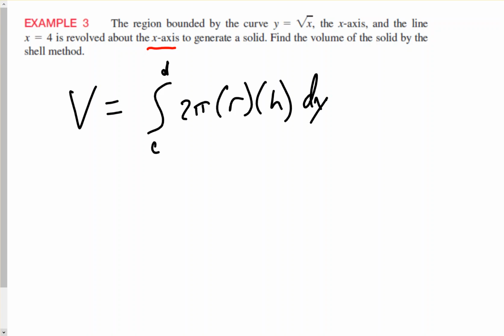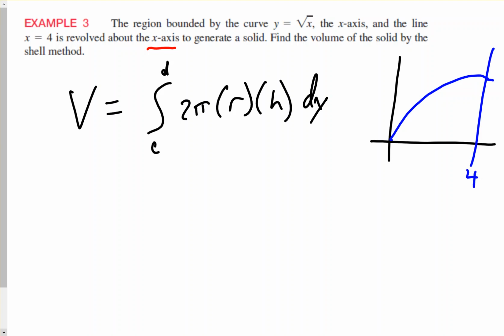Okay, now so let's do a brief sketch of this again. There's our half parabola, x equals 4. Okay, so we're going to spin this about our x-axis.